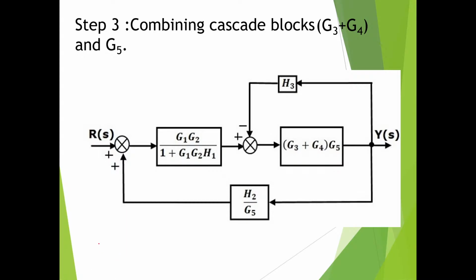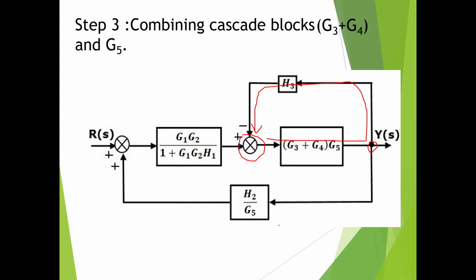Because you just observe here. This is my summing point. From here, signal just flows like this towards the branch point. This is my branch point or takeoff point. From this branch point, signal is returning back towards the summing point.